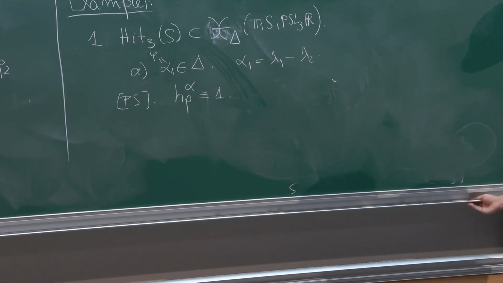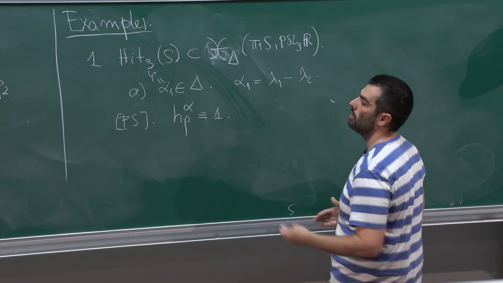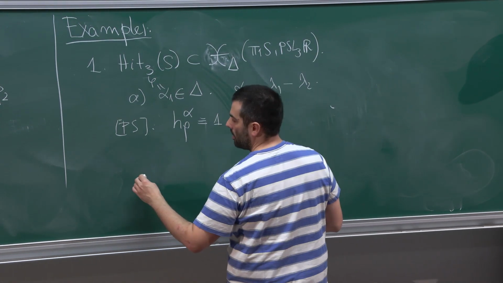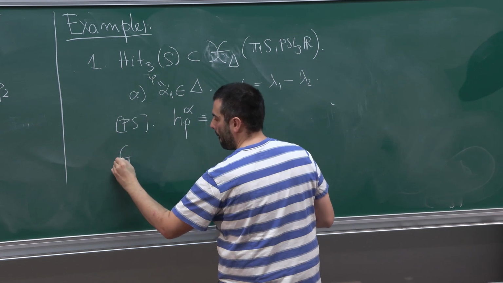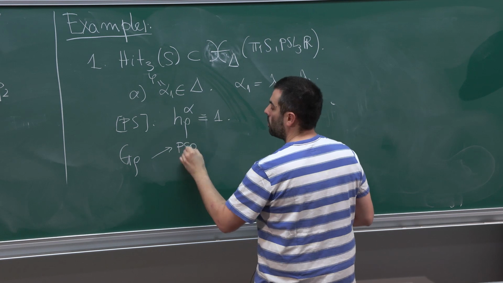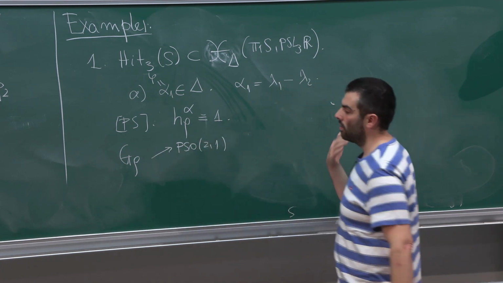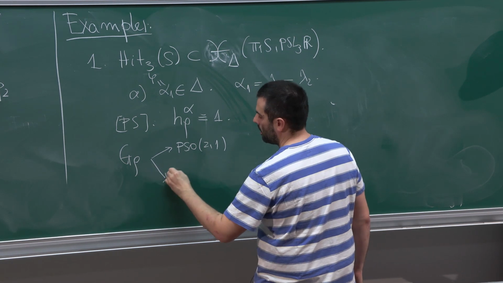Another thing is that we have a good understanding of what the possible Zariski closures are. G rho in this case is either SO(2,1), so it factors through a Fuchsian representation, or it's PSL3.